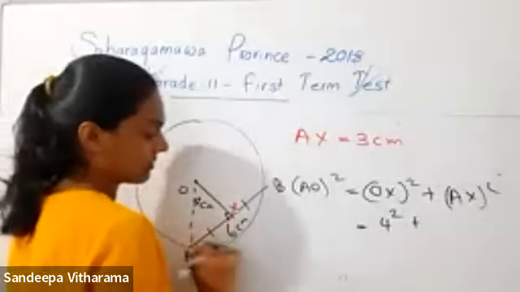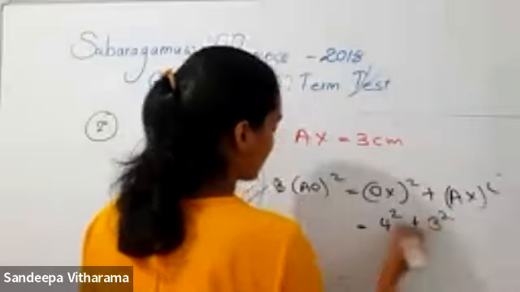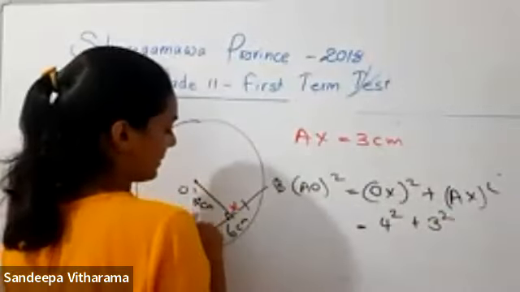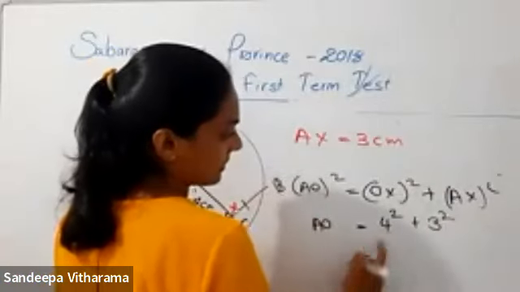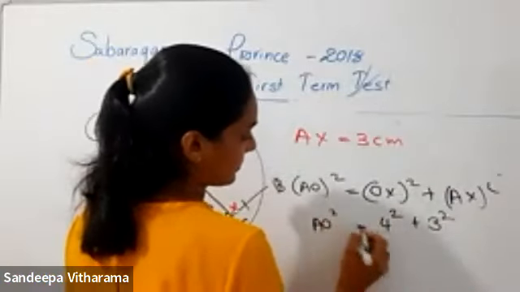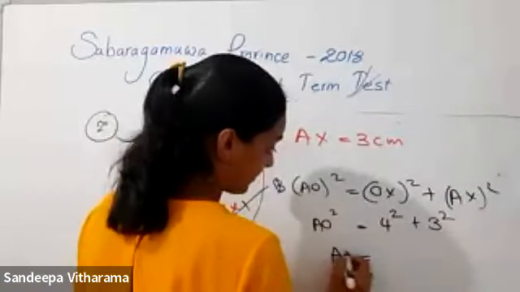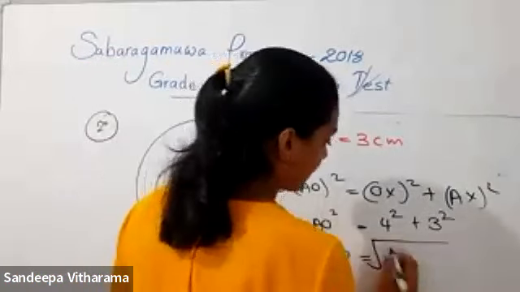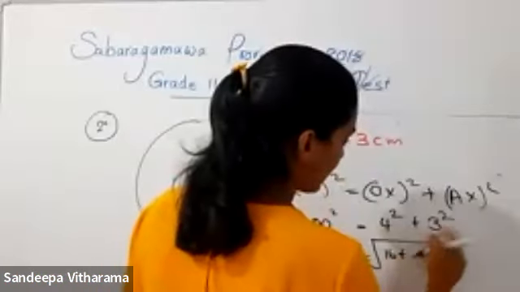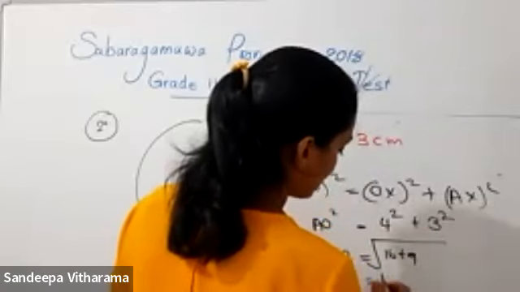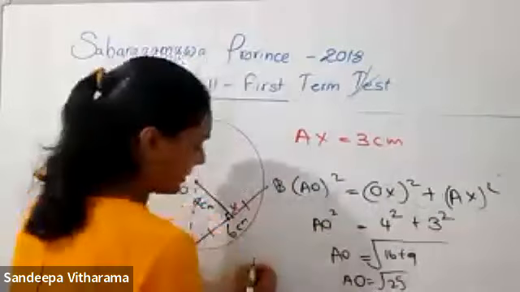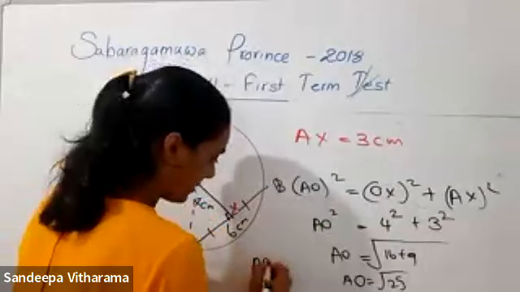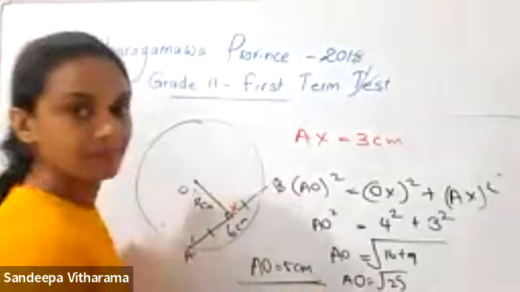Then 3 squared. Then you have to find AO, that means the radius. Square root of 4 squared is 16, 3 squared is 9. Then square root of 25. Then AO is equal to 5 centimeters.